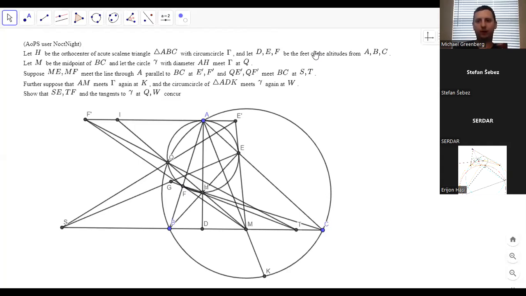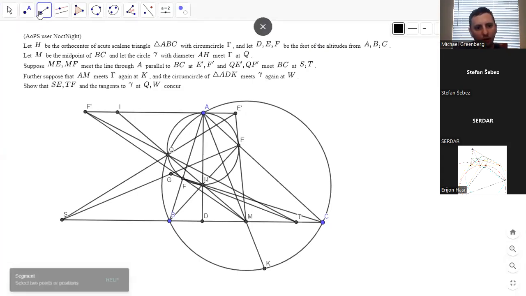Can we use projective somehow? Yeah, it looks a little bit like Pascal's or something. So we have so many intersections. Can you intersect AQ with BC?